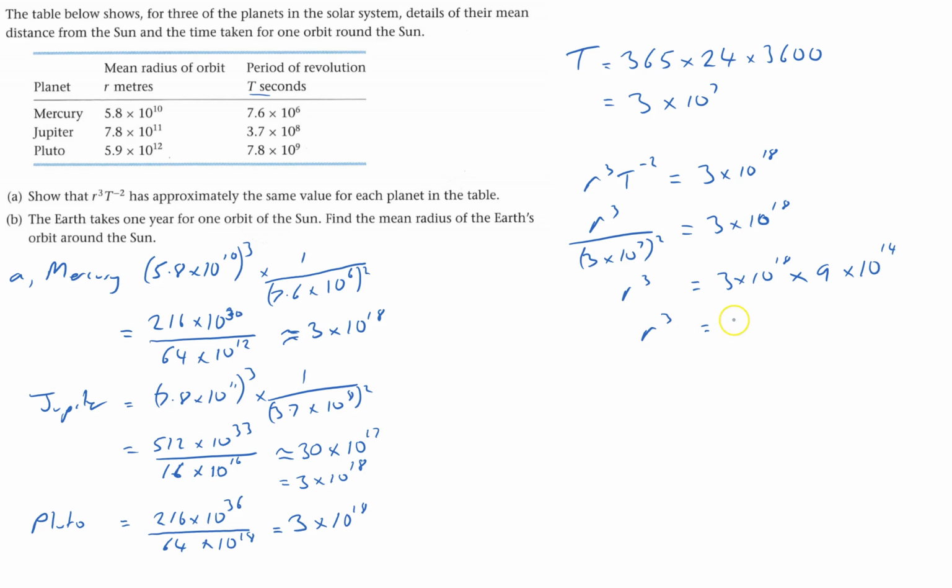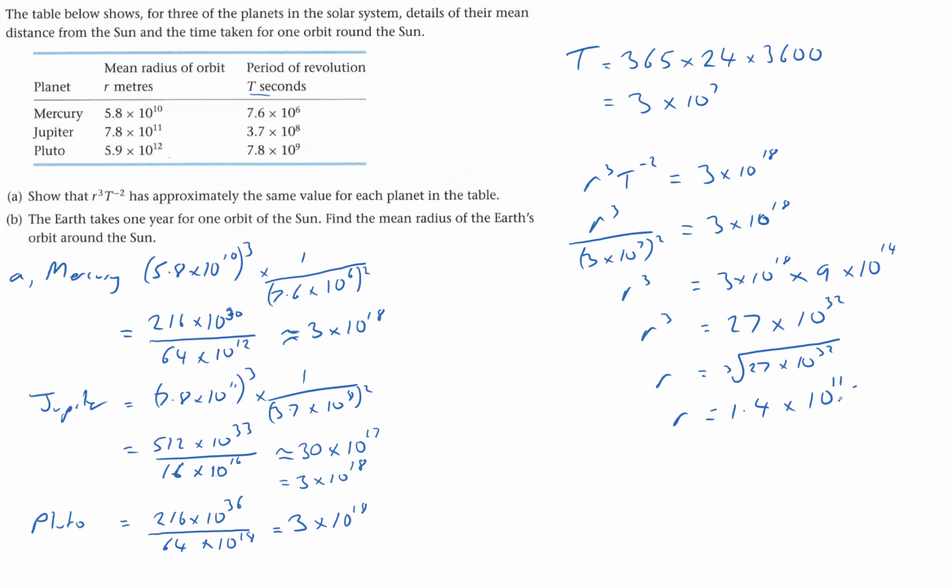So r cubed equals 27 times 10 to the 32. And so I've got to cube root that. Unfortunately, I can't divide that by 3, so I take 3 times that. But r equals 1.4 times 10 to the 11 using my calculator.